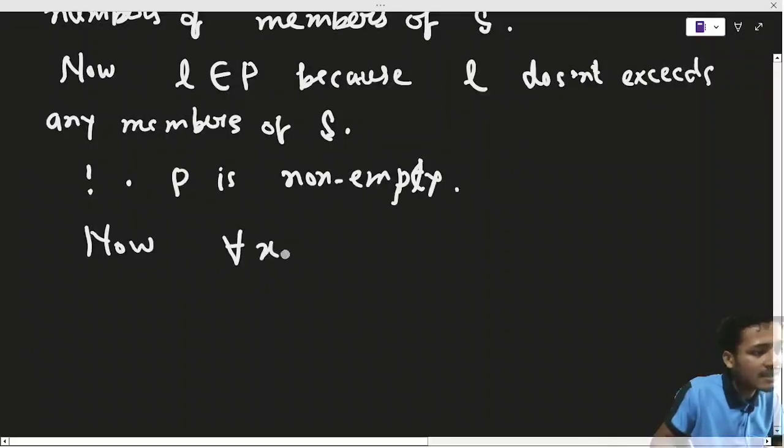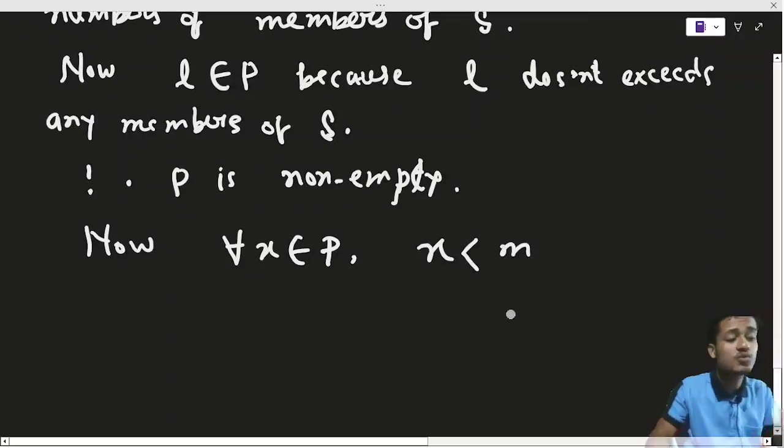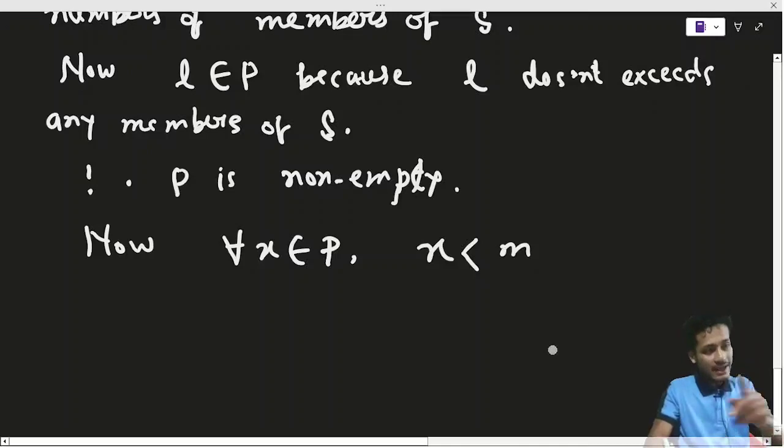For all x belonging to P, x is always less than or equal to m, the supremum of S. Small m is the supremum of S, right?